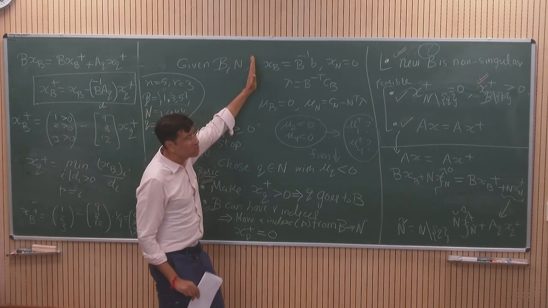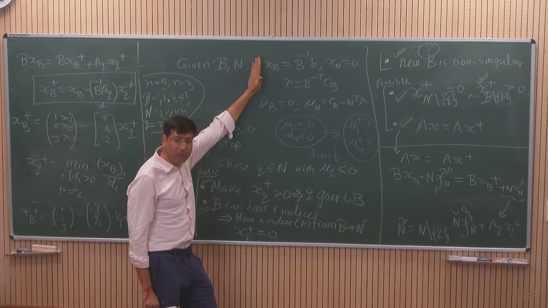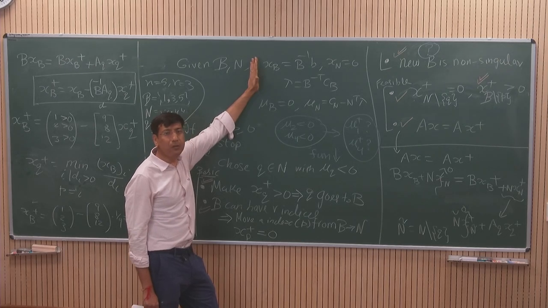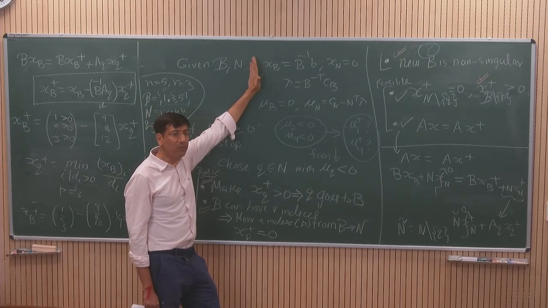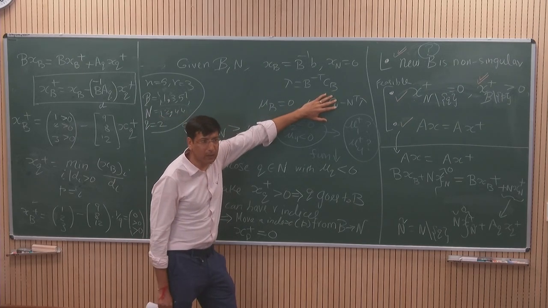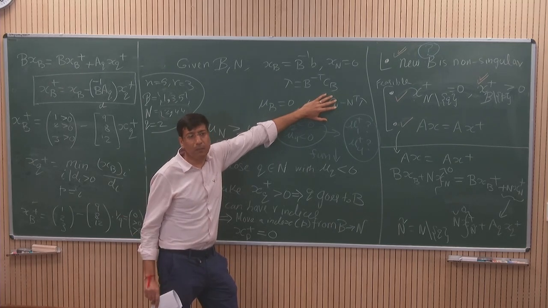So this was the initialization part. We had taken a basic feasible point, which is a vertex of a feasible polytope, and mapped it to the 5 necessary and sufficient conditions. The first 4 got satisfied, except the mu_N, we had no idea. What's the dimension of N?